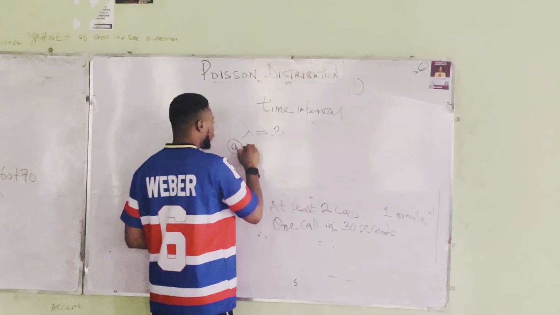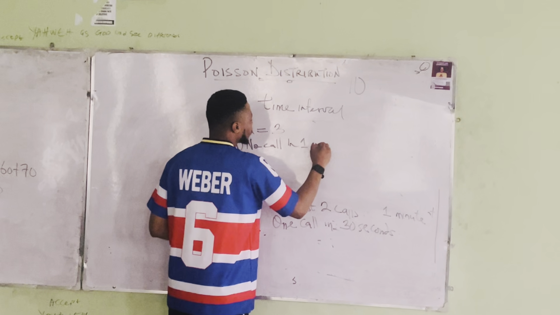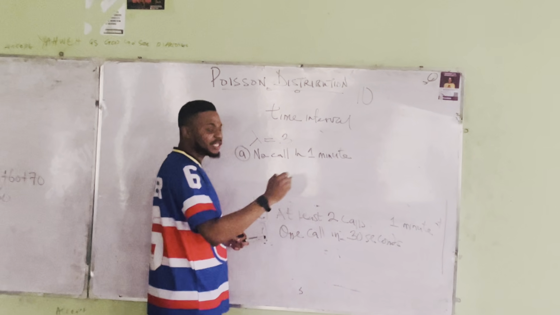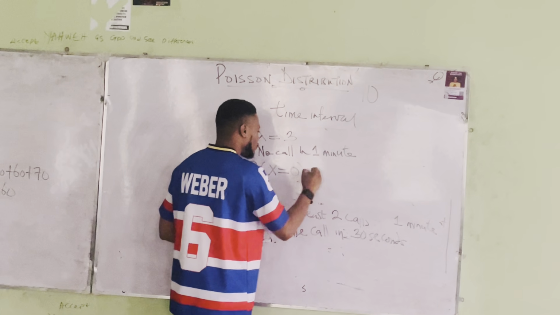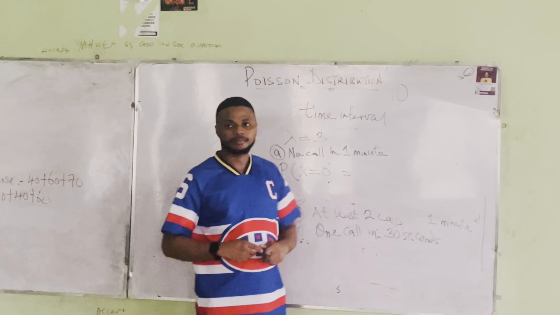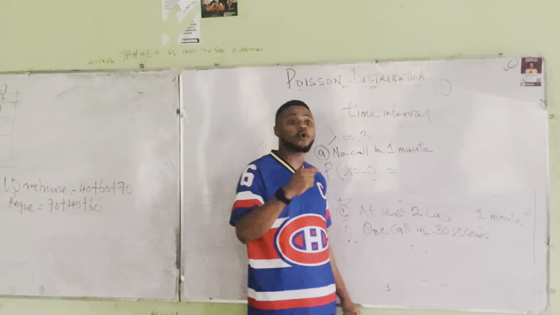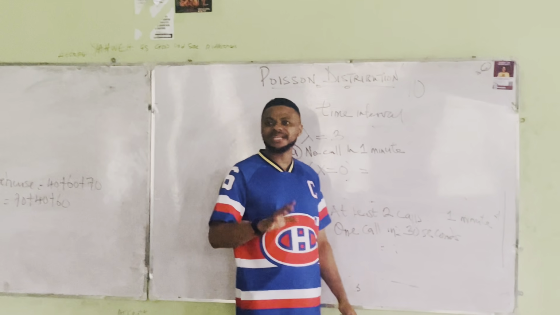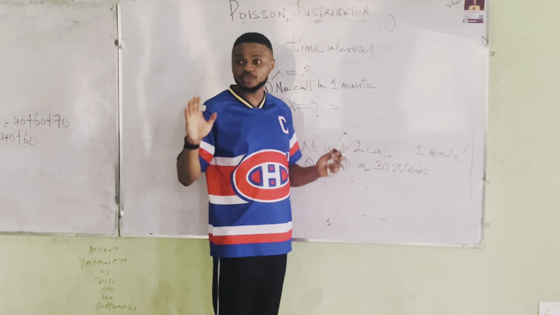No call in 1 minute. No call in 1 minute means that you're looking for the probability of x equal to 0, because it's saying no call. No call is like 0 calls. Are we on track?